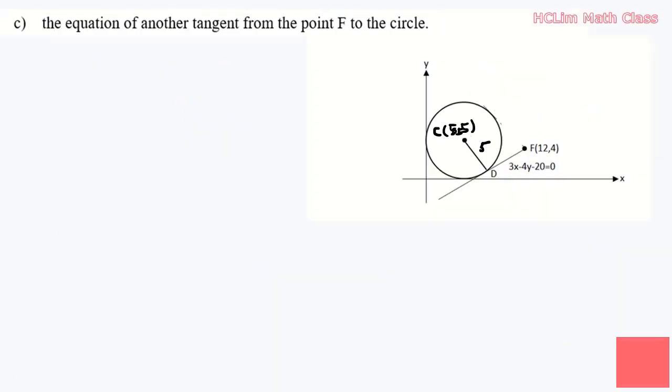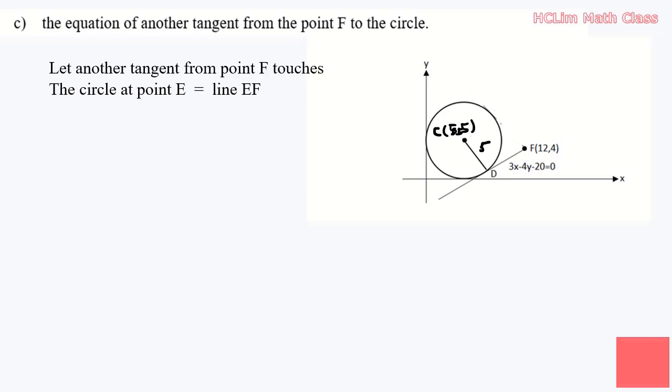In part C, we are going to form the equation of the other tangent from the point F to the circle. So let us draw the other tangent from the point F, touching the circle at the point E. So this is the line. We touch the circle with the tangent at the point E. This is the radius.